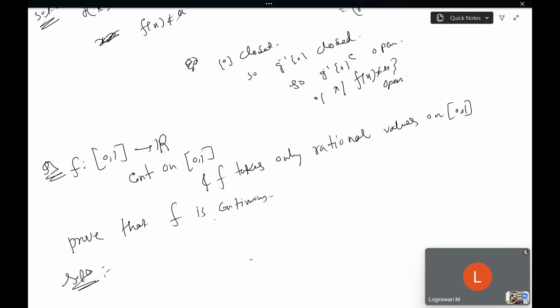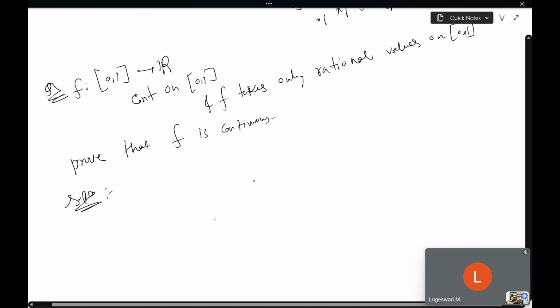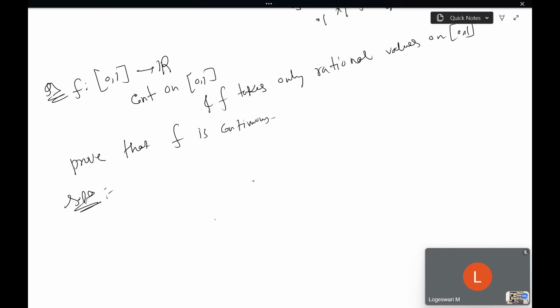So this tells what? Suppose we have a continuous function from [0,1] to R, and it has been told that f takes only rational values. We need to show that f is constant.